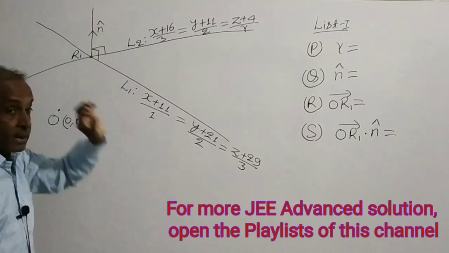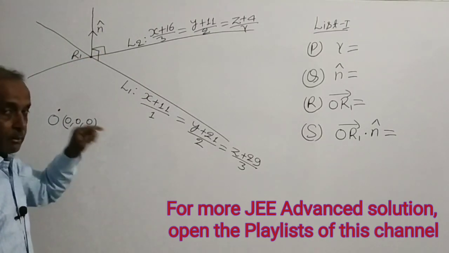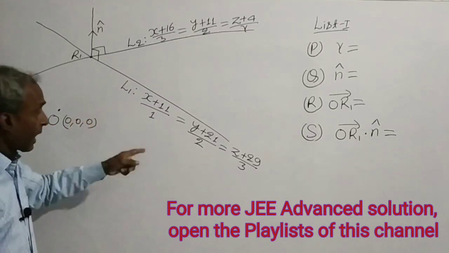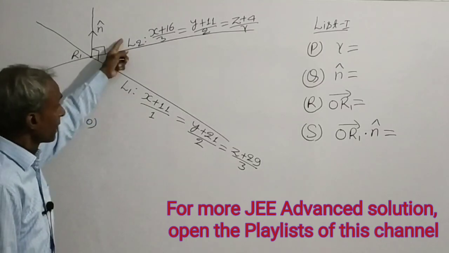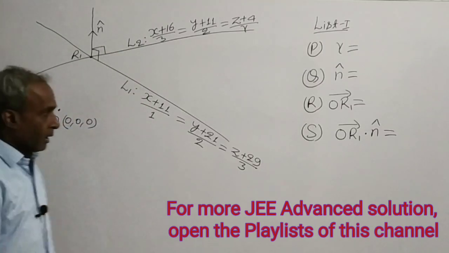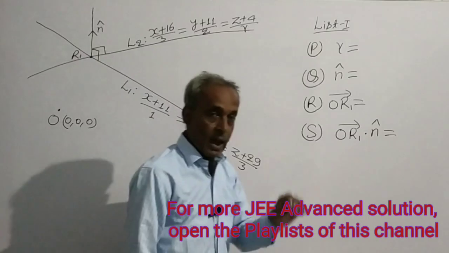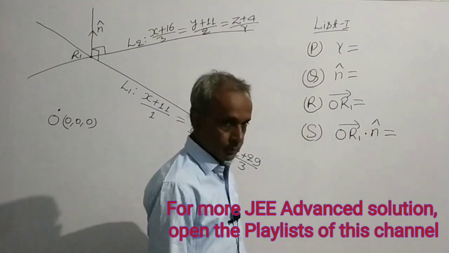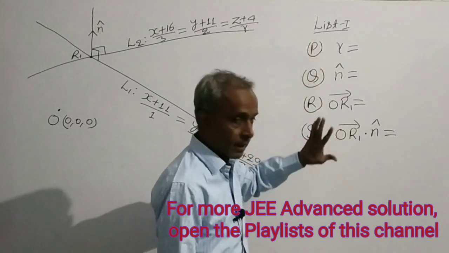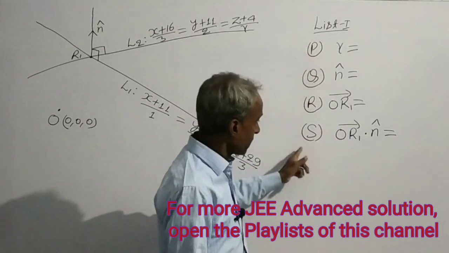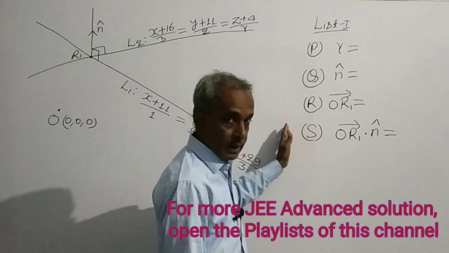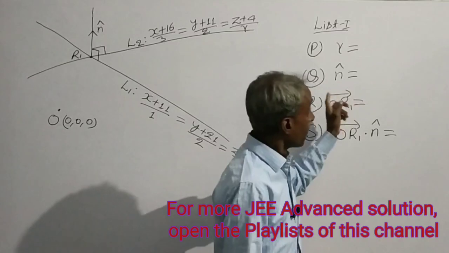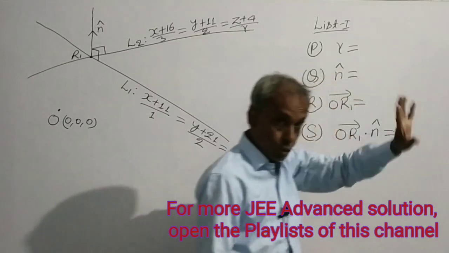N cap is a unit vector perpendicular to the plane containing the lines L1 and L2. Now we are asked to find these four values of list 1. When we find these four values only, we can match these entries with entries given in list 2.